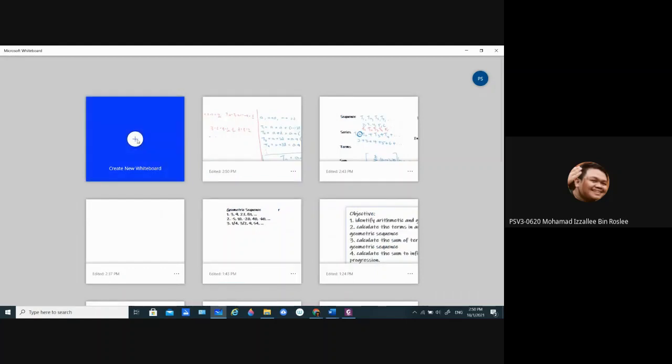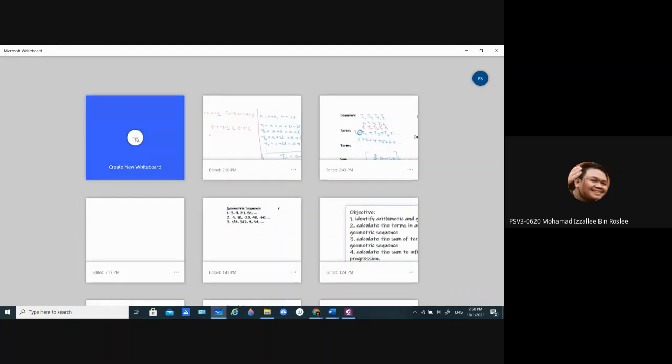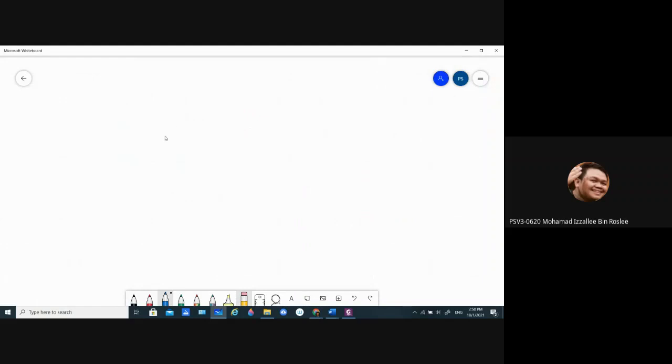So we already know how to find the nth term. Now we want to find the sum of the first n terms. We use the notation Sn, which means the sum of the first n terms.